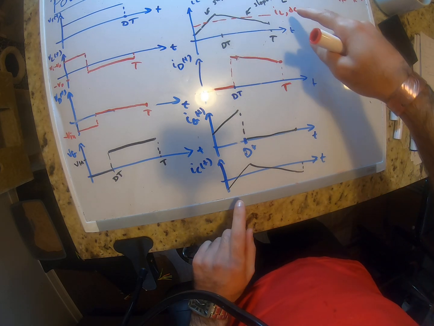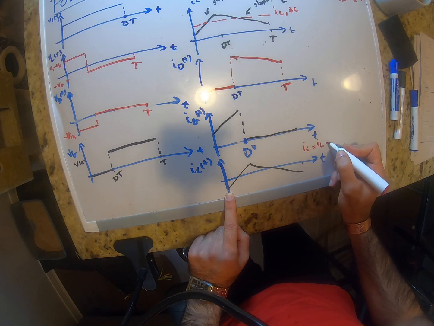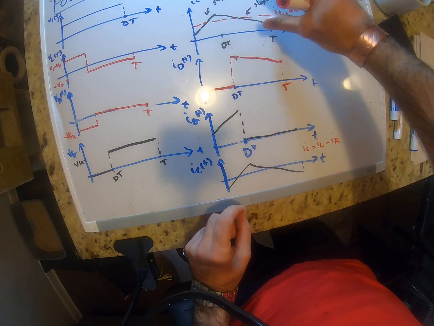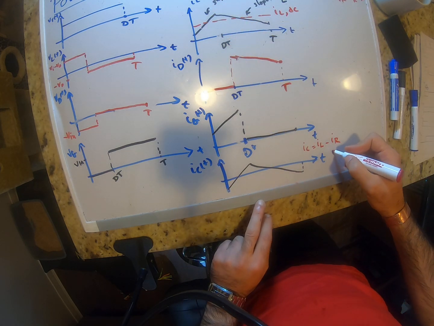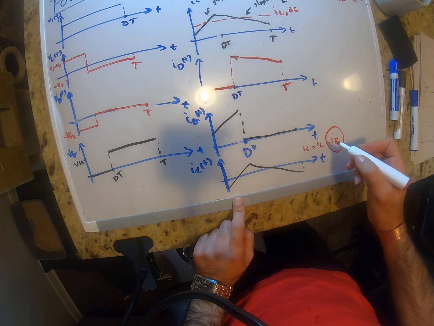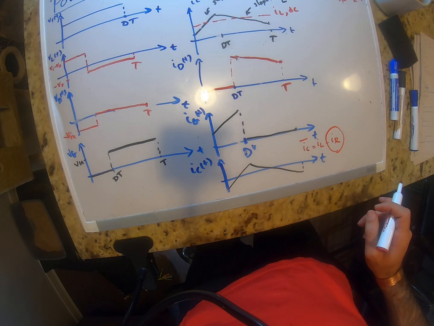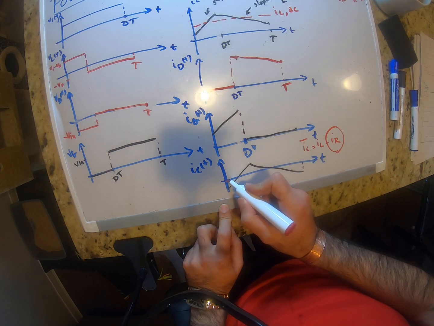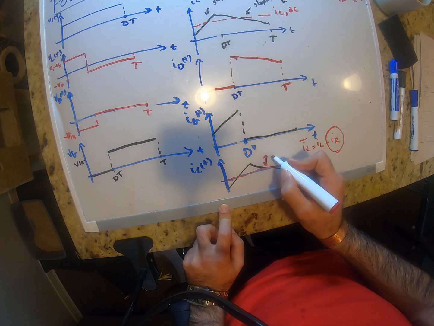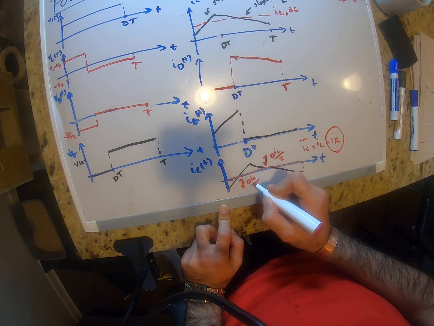We know that IC is equal to IL minus IR, so we shifted IL this much to get here. Also, based on the amp-second rule, IC average has to be equal to 0, so this point has to be exactly at 0. This has to be delta IL divided by 2.